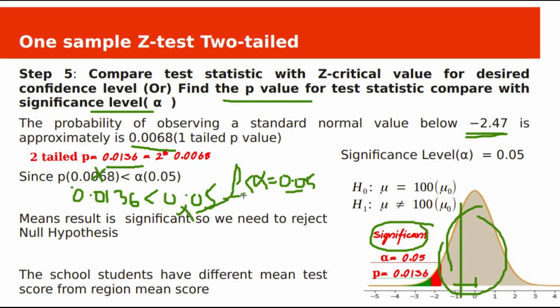So if you have a larger p-value, you cannot reject the null hypothesis. In this case, it is smaller than this alpha, so we will reject this null hypothesis. It means this alternate hypothesis is true. The school students have different mean test scores from the region mean score.